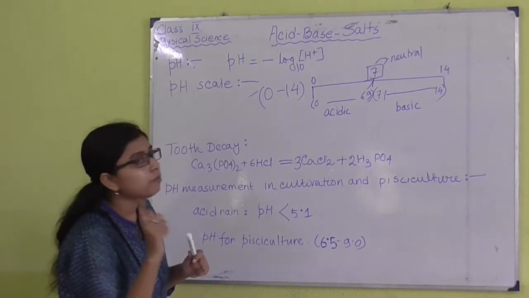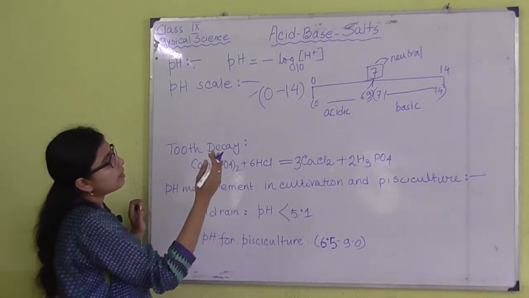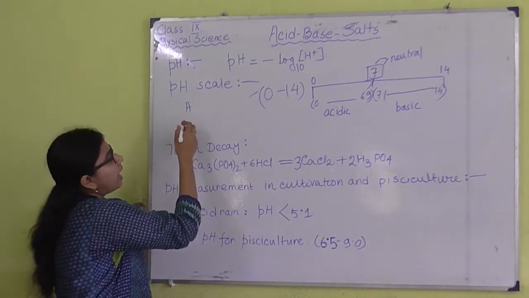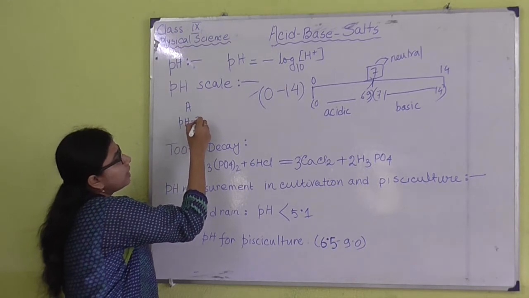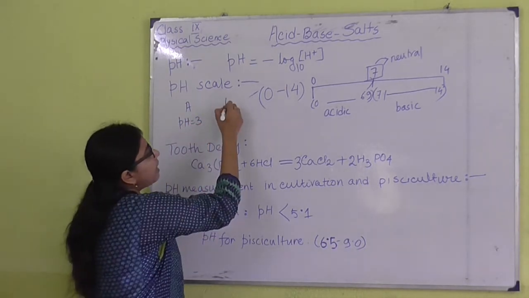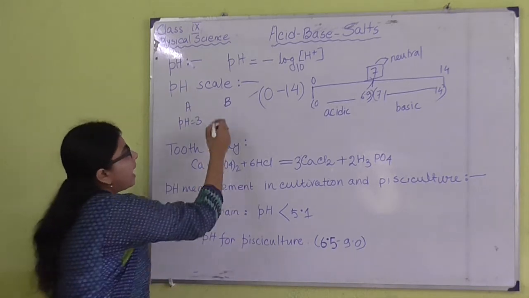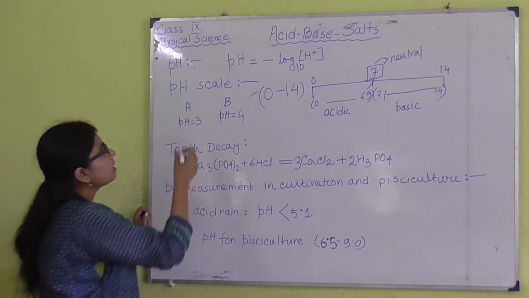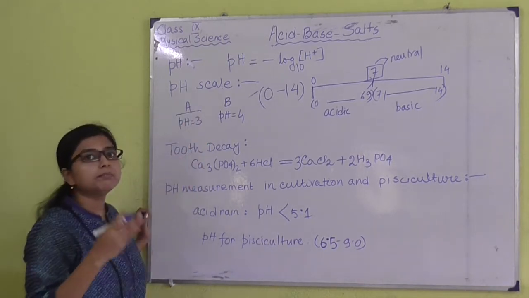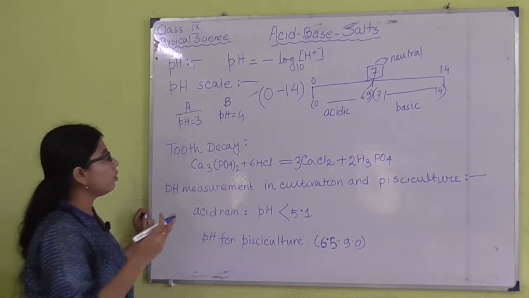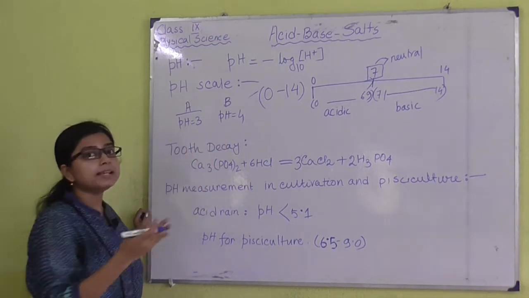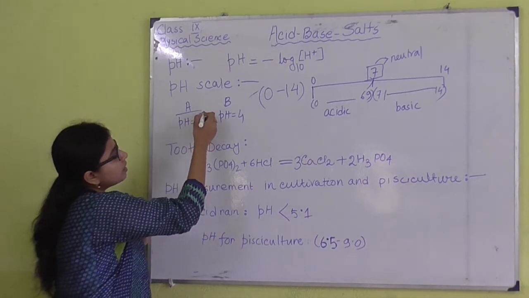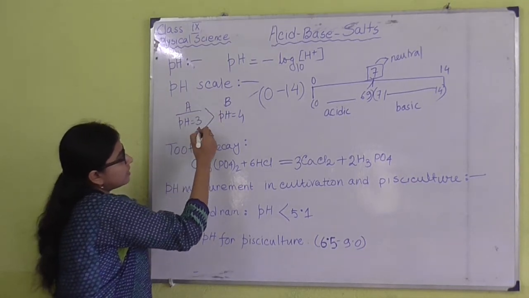And one more thing we should know. Suppose we have a solution A and its pH is 3, and we have another solution B and its pH is 4. It means solution A carries more amount of H+ ions, and solution B carries less amount of H+ ion. That means A is more acidic.